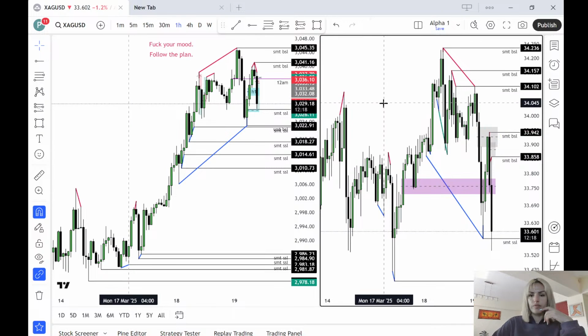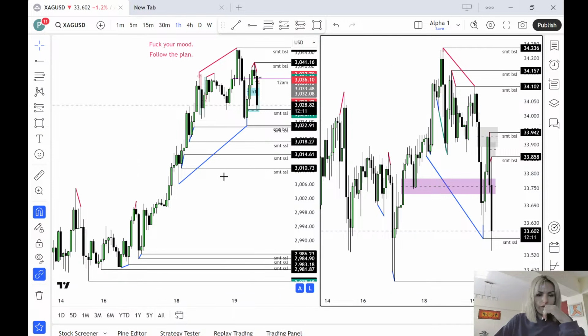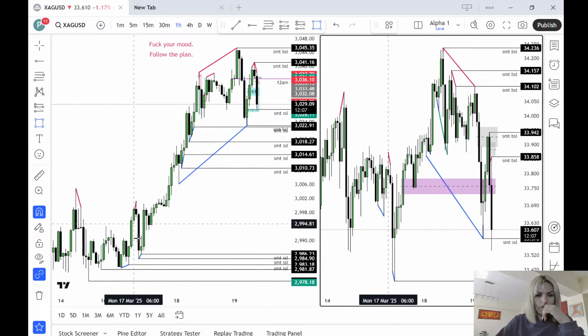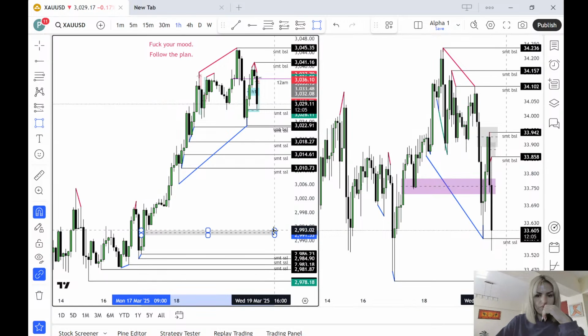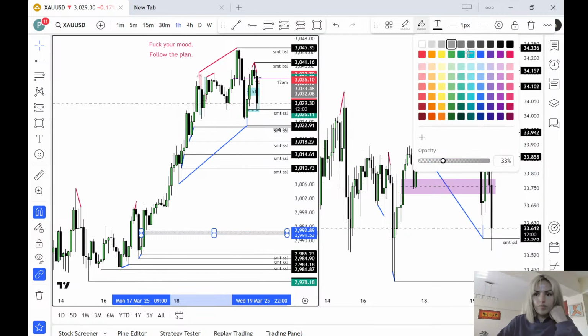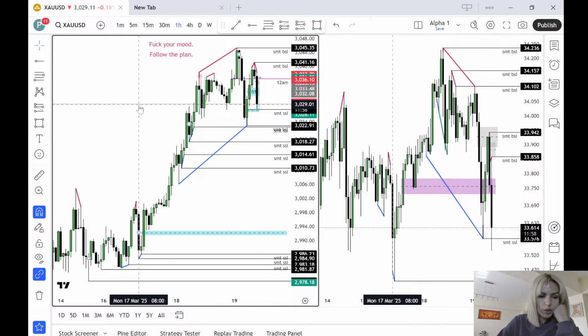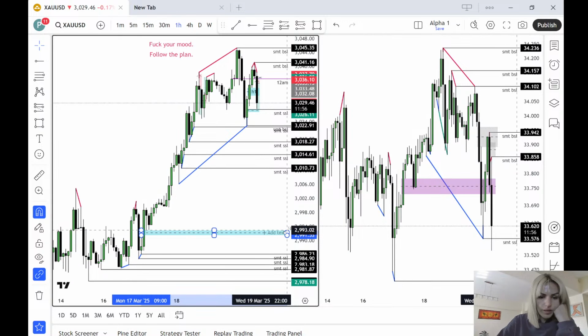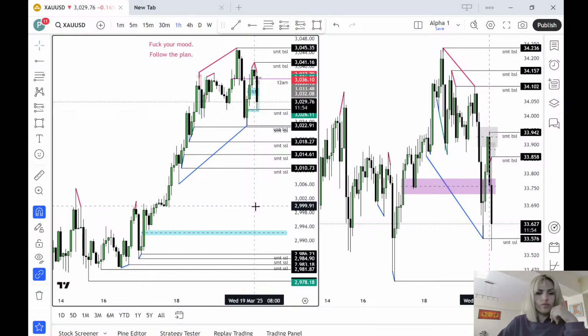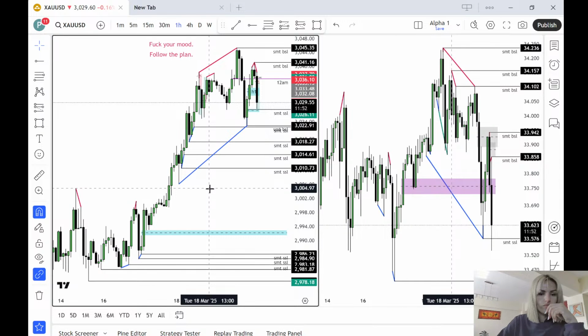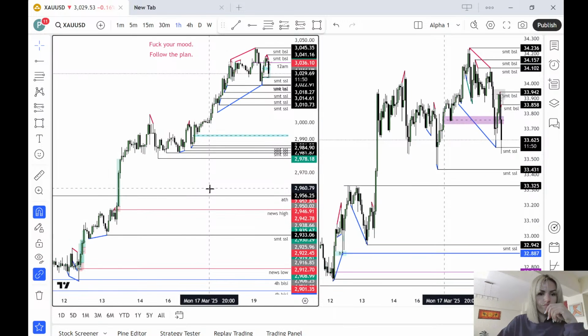It's really cool stuff to see this. There's this BISI here that looks interesting. Not for today, obviously, but at a later stage.